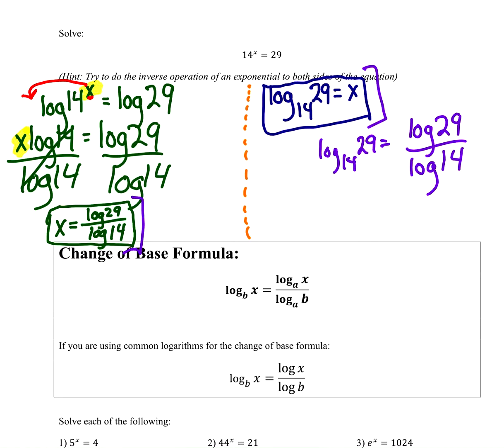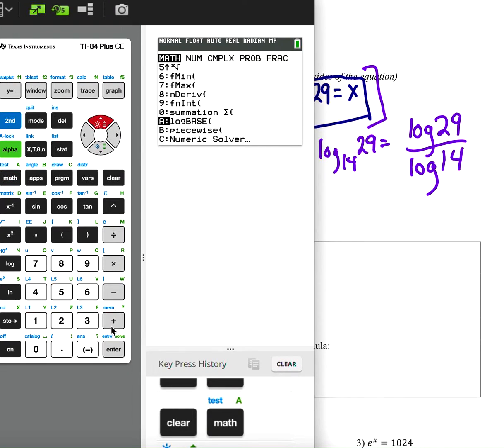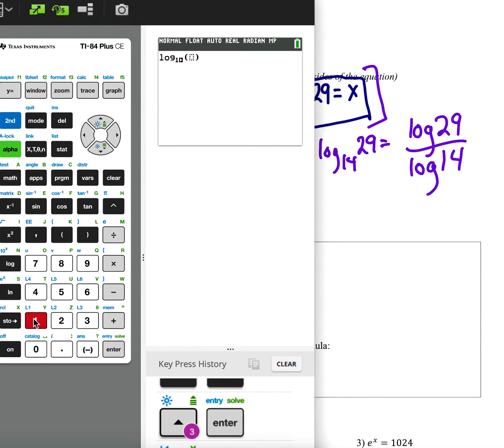And I want to show you guys by putting that in the calculator that it is indeed true. To show in the calculator, I first do log base 14 of 29. So I press math. I go to log base 14 of 29. Press enter to see what it equals.